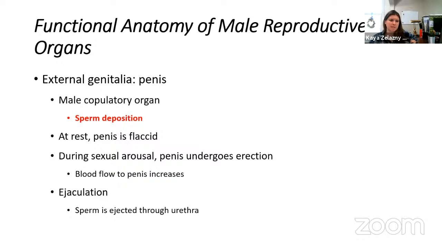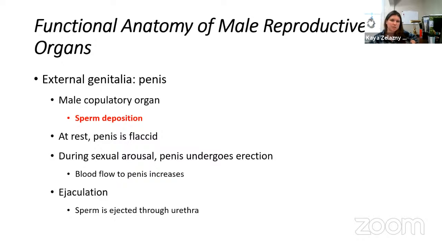So at rest, the penis is flaccid. The erectile tissues don't have that much blood in them in this state, which is why we see this flaccidity, this laxity, right? This relaxed state. But during sexual arousal, blood flow to the penis increases.